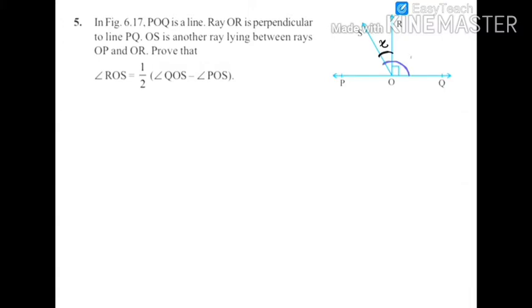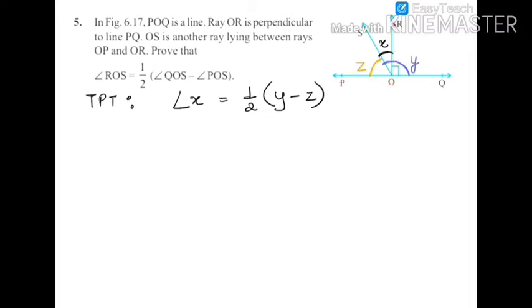Let's mark this as Y. And angle POS is this angle. We will mark this as Z. So we have to show that angle X is equal to half of Y minus Z.